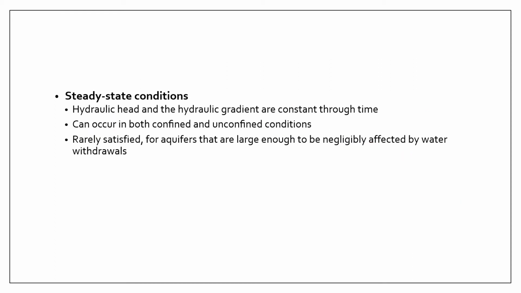All right, so let's talk about the different conditions like steady state conditions. In steady state conditions, your hydraulic head and your hydraulic gradient are constant. Meaning your water table is more or less not moving. It is fixed, and your water table on the other end is also fixed.